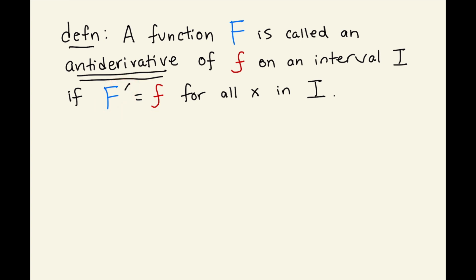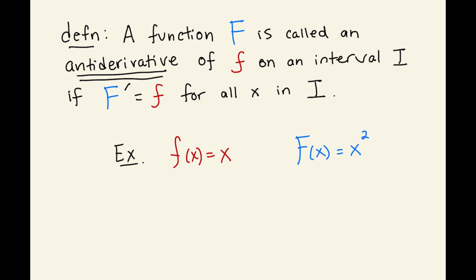Okay, that's all. So as a quick example, just look at a simple function, f of x is equal to x. Okay, just the line through the origin with slope 1. And if I were to ask you, give me an antiderivative of this function, you might say something like, oh, okay, well, what about F of x equal x squared?